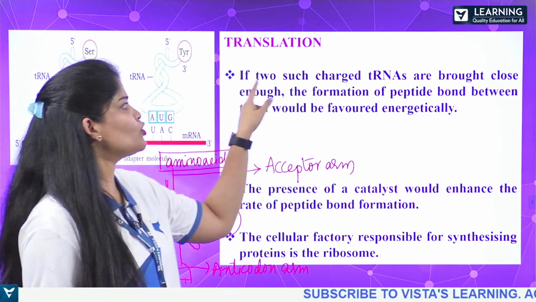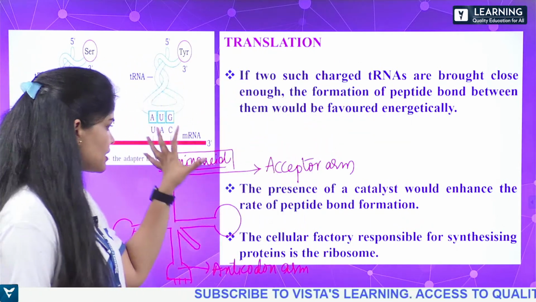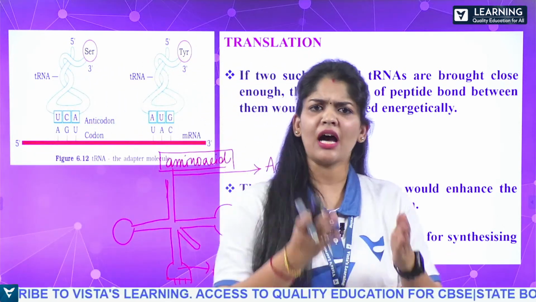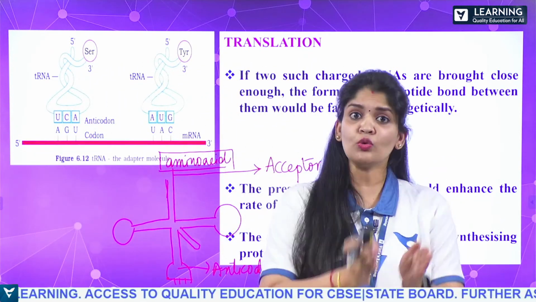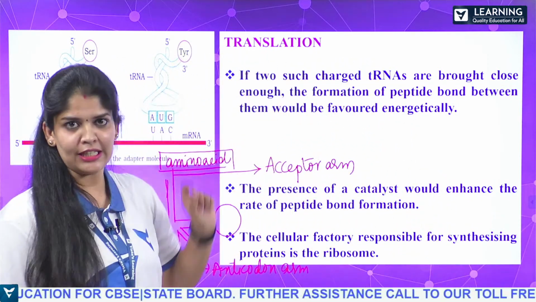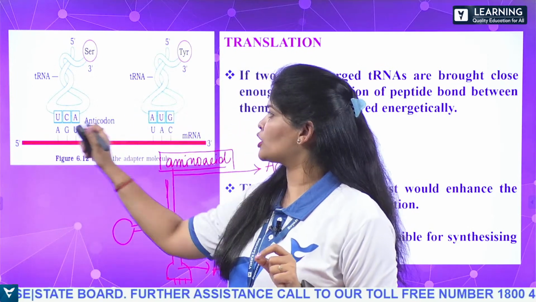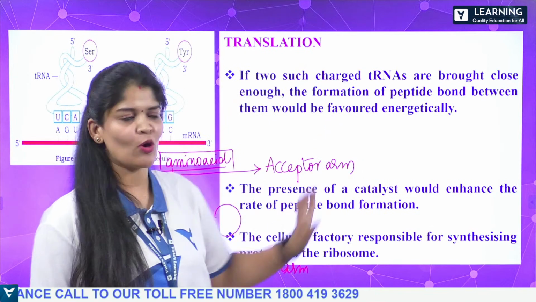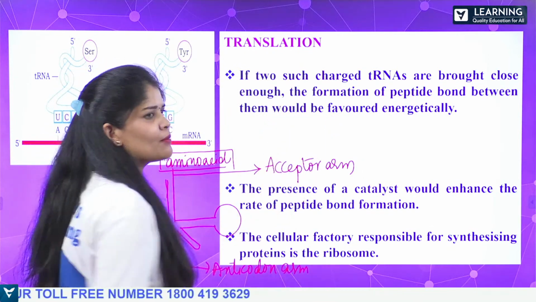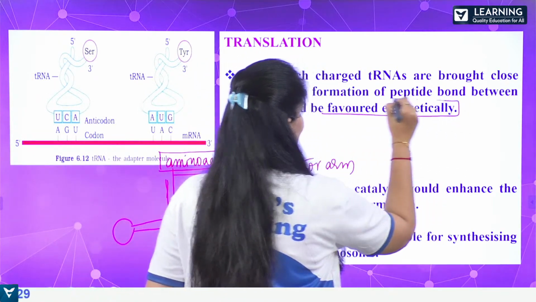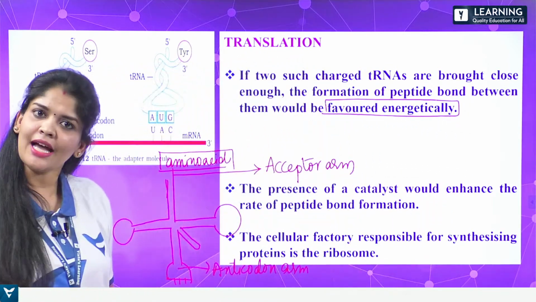So here, if two such charged tRNA, what do you mean by charged tRNA? Nothing but amino acyl tRNA complex. If two amino acyl tRNA complexes are brought close enough on the mRNA, the formation of a peptide bond between them, meaning between the amino acids, will happen, and it will be carried out energetically by using ATP.